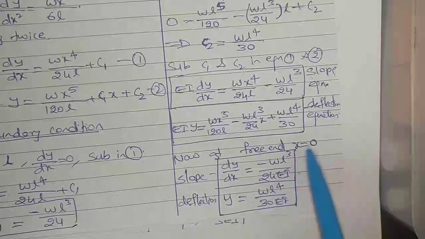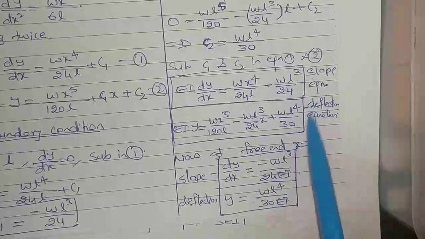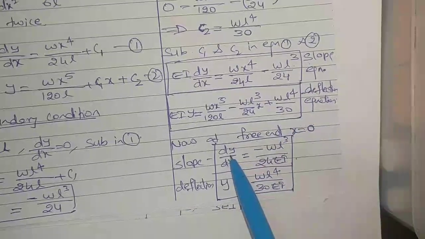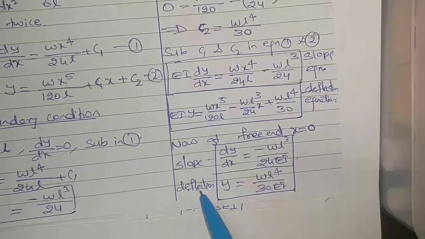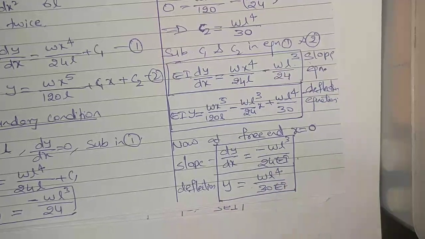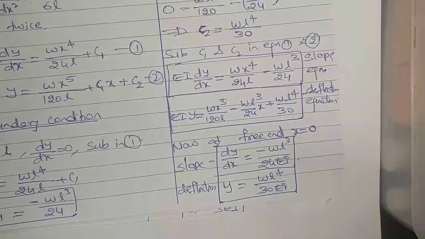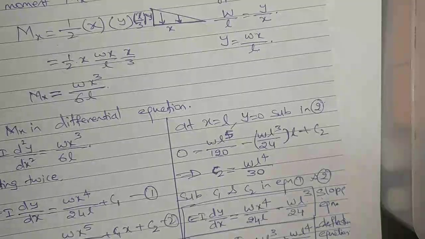For the free end x is equal to 0, so you have substituted x is equal to 0 in the slope equation and deflection equation. You got the slope at the free end as minus WL cube by 24 EI, and the deflection at the free end y is equal to WL to the power of 4 by 30 EI. Okay, this is your third problem which is given for the exam.